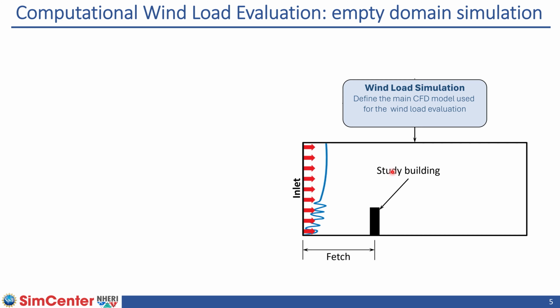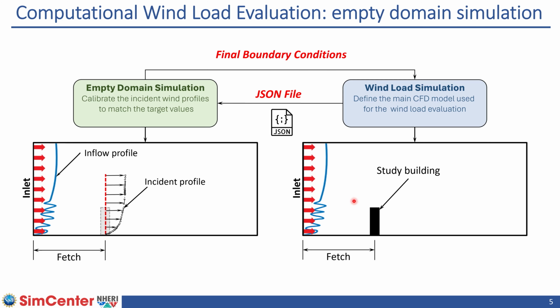For this, the typical procedure used in computational wind engineering literature is to create an empty domain simulation without the effect of the building and measure the wind profiles right at the building location and compare those with the target values.